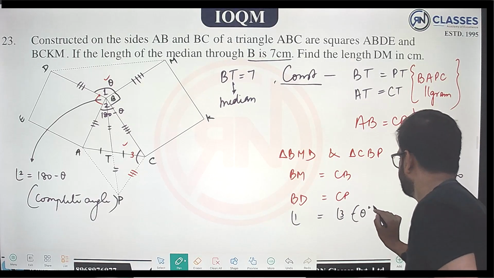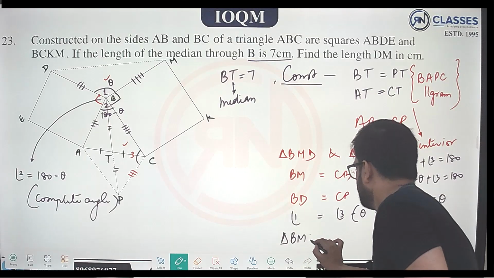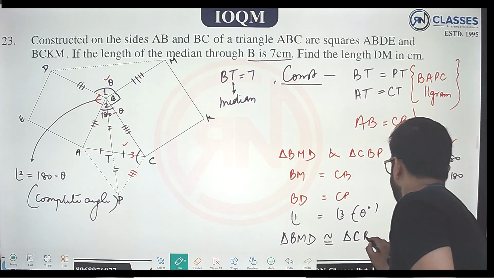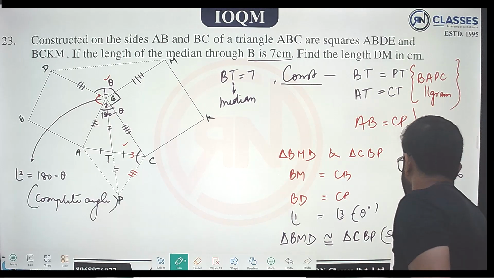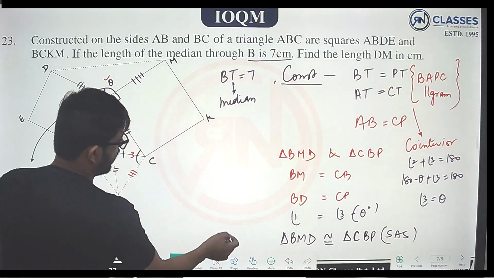तो मतलब कि मेरे पास यहां पे एंगल 1 है और यहां पे एंगल 3 है, विच इज इक्वल टू थीटा डिग्रीज. ठीक है, तो मैं कह दूं BMD इज कॉन्ग्रुएंट टू ट्राइंगल CDT यूजिंग SAS. अगर SAS से ये कॉन्ग्रुएंट है तो काम खत्म हो चुका है.